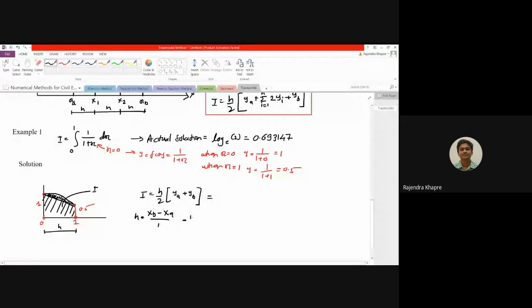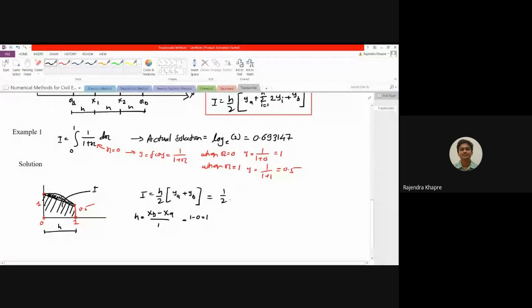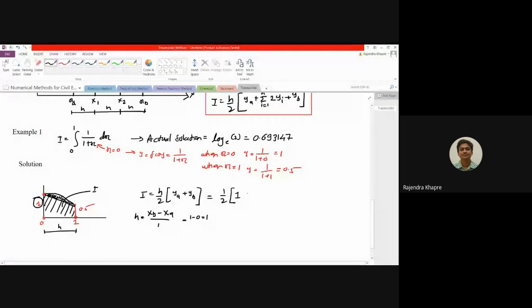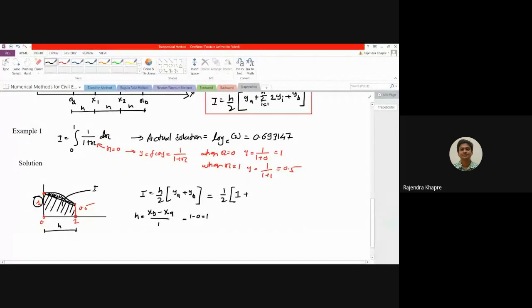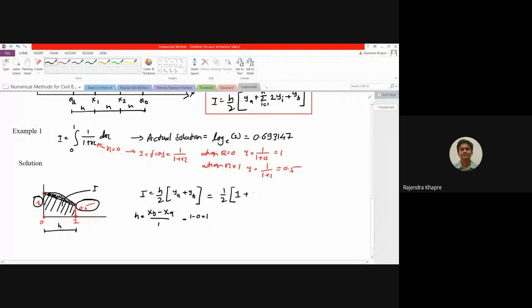So this is 1 minus 0, which will be 1 only. So this is 1 divided by 2. Now your ya is nothing but this value, that is 1, plus yb is nothing but this value, that is 0.5. So this comes out to be 1.5 divided by 2, that comes out to be 0.75.